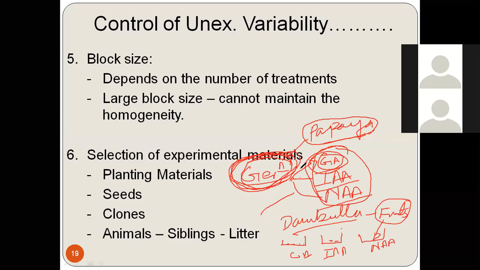Now, can you tell me, is it a good experiment? Our objective is fine, no change in the objective. Do you think this is a good way that we have done this experiment?